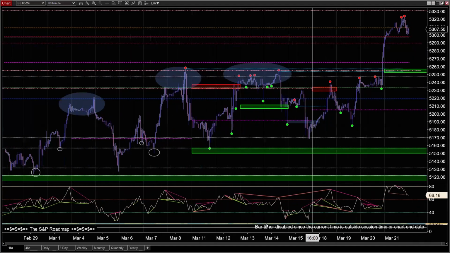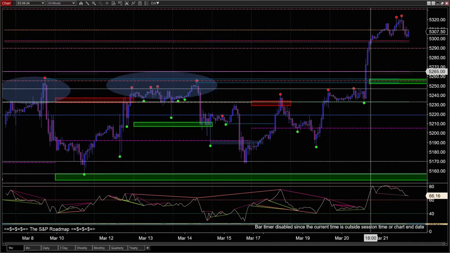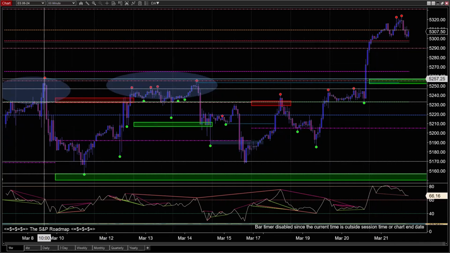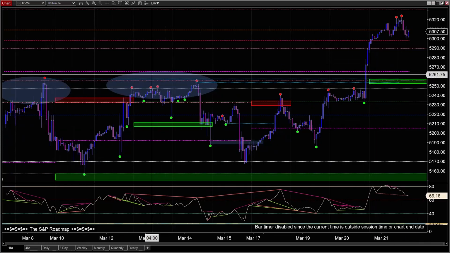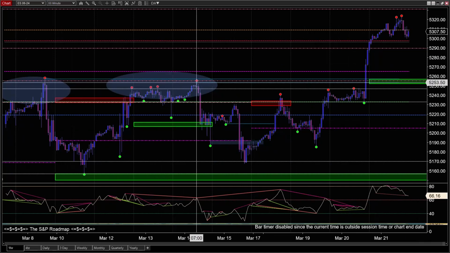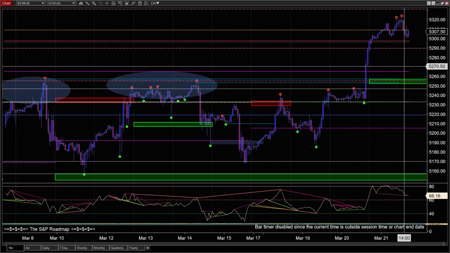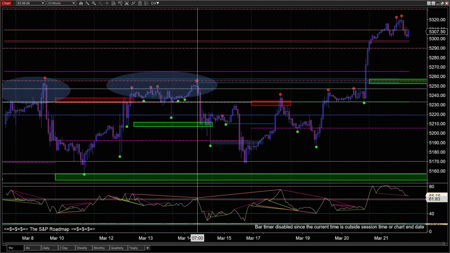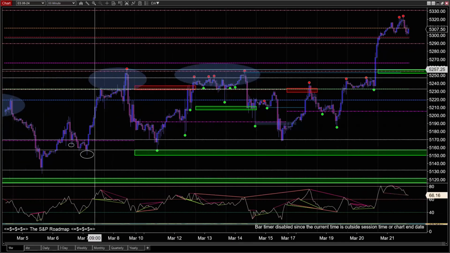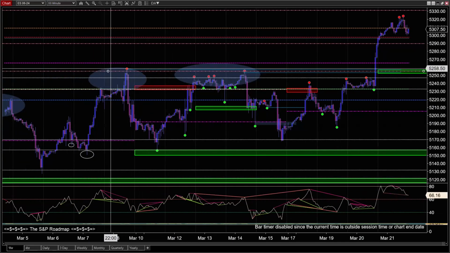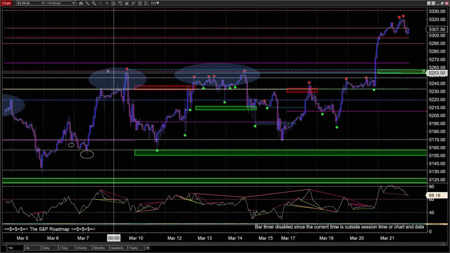So we don't have a lot of swings coming into the new contract here, but the two that are relevant right now is that old all-time high from a couple days ago, and then this failure just a couple of days later. And so that also was lining up with one of our roadmap levels that we've had on the chart for a couple months now, or however long it's been.